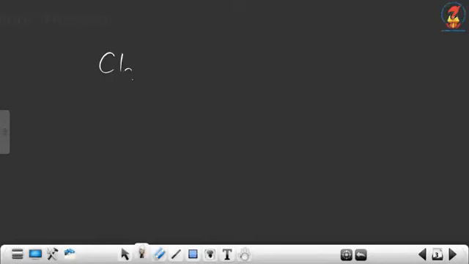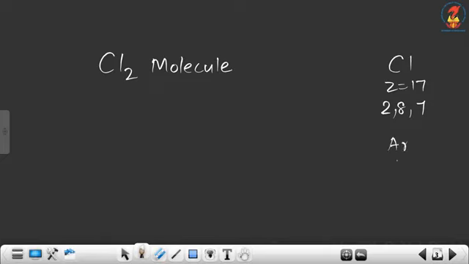Now consider the chlorine molecule Cl2. In the case of chlorine, Z, the atomic number, is 17, and the electronic configuration is 2, 8, 7. The nearest noble gas here is argon with the configuration 2, 8, 8.